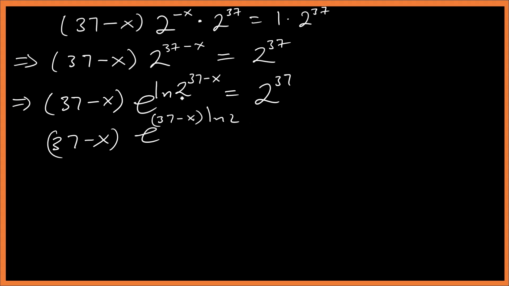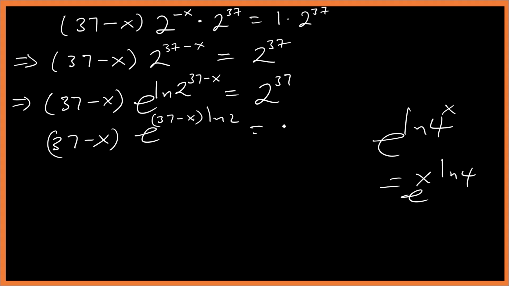It's like saying e raised to ln of 4 to the power x, which is the same as e raised to x ln of 4. So it's similar to this, equals 2 raised to 37.